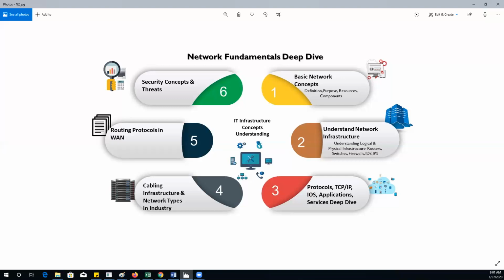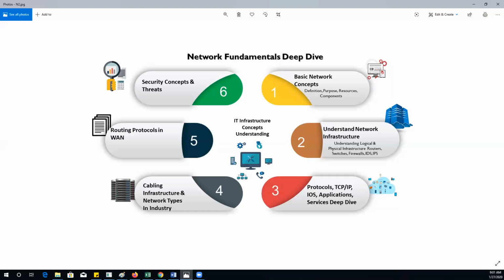When the network is operational and the internet industry is growing time by time, there are a number of bad guys in this industry who are trying to attack, who are trying to destroy our network operations, who are trying to get our important data.